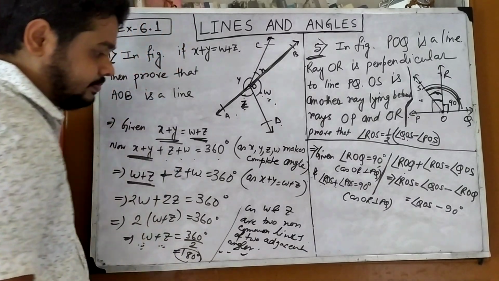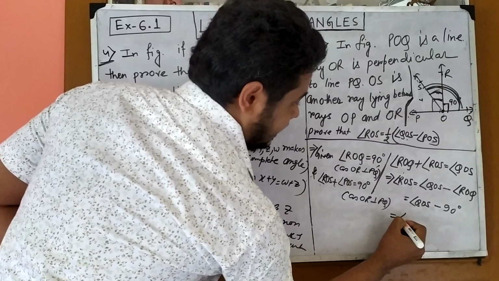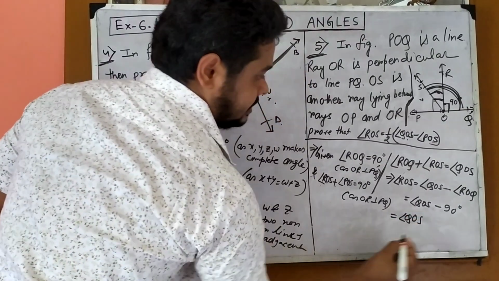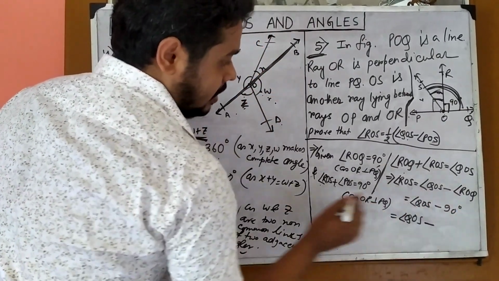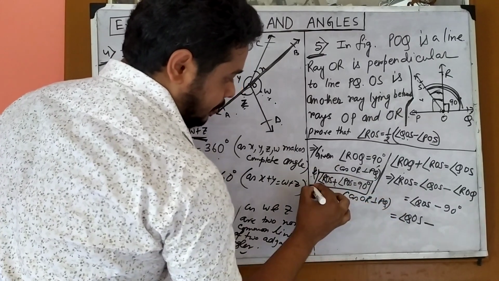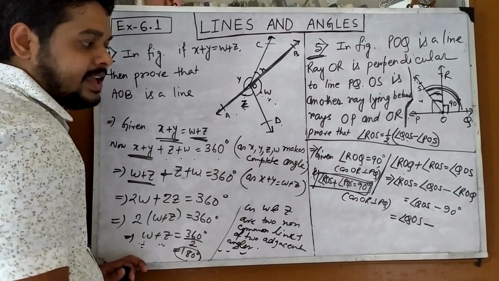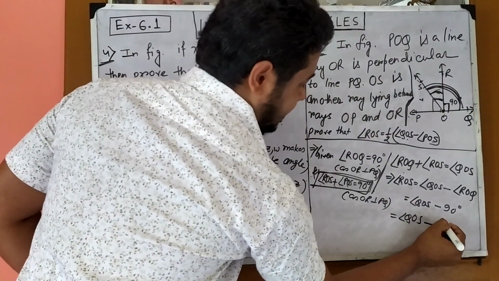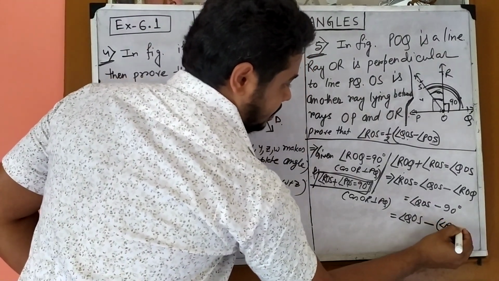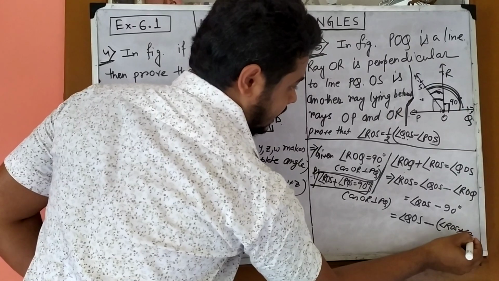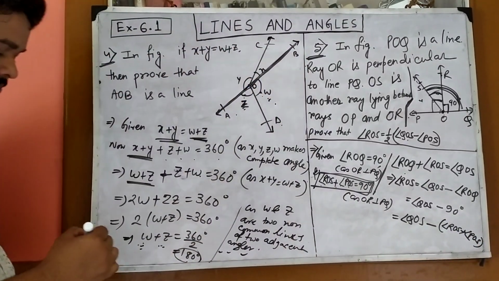Now angle QOS minus, in place of 90 easily we can put this value because ROS plus POS equals 90. So in place of 90 we can write ROS plus angle POS.